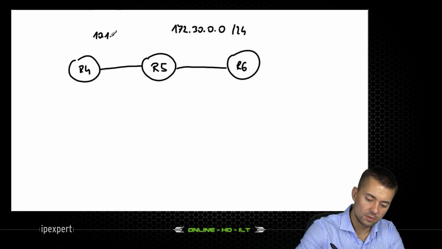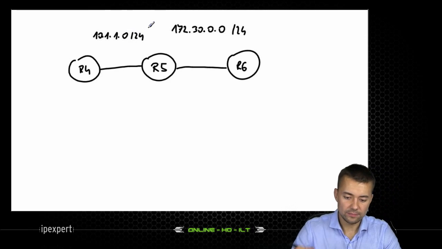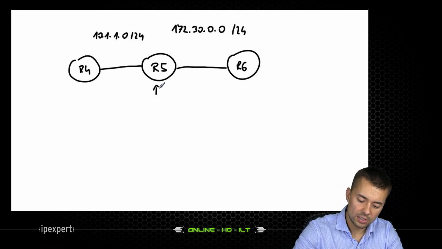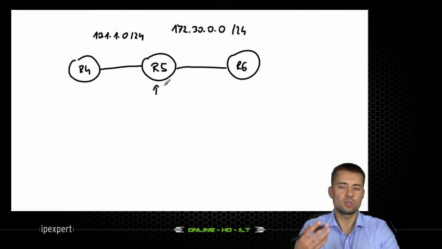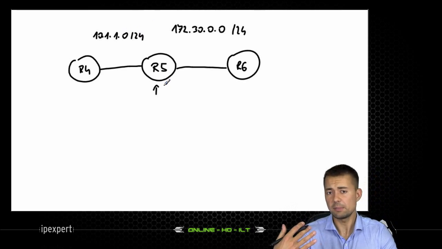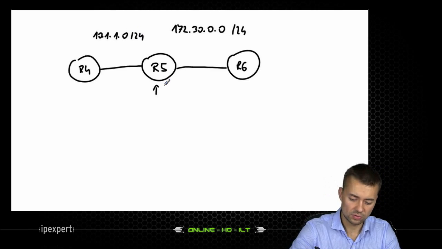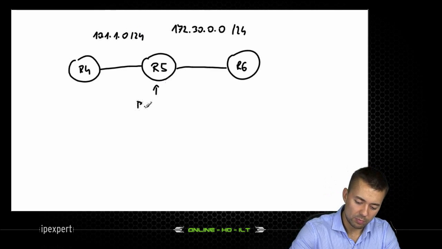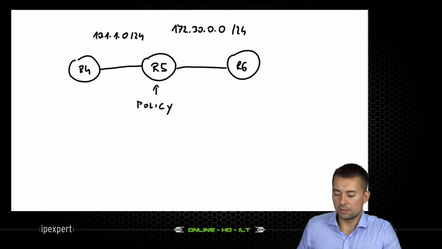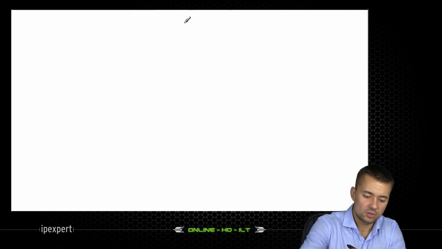We have 10.1.1.0/24 between routers 4 and 5. This is the device that I will configure with a dynamic access list and then with a reflexive access list. So this is where our policy is going to be applied. Let's start talking about a dynamic access list.